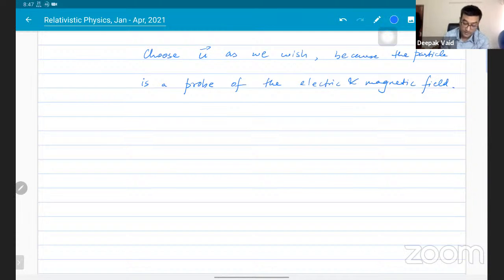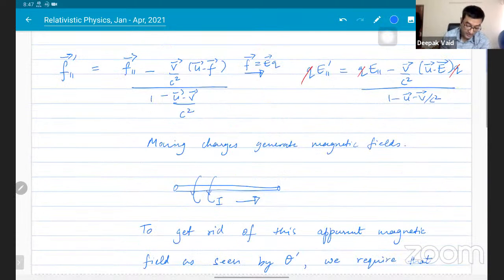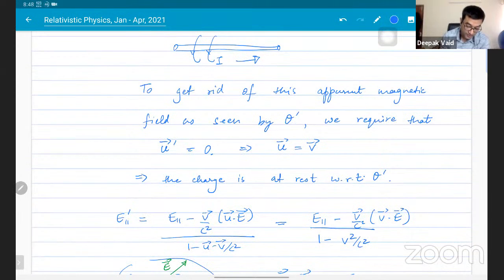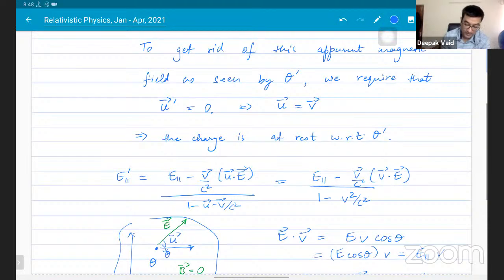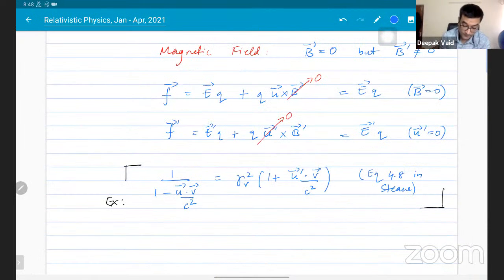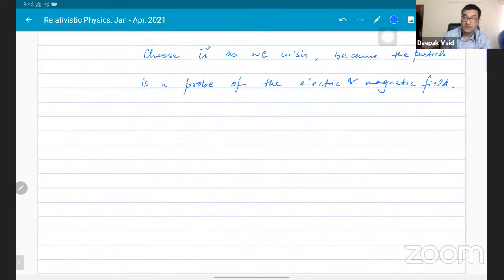Remember that we chose u prime to be equal to v. But u prime doesn't have any effect on the electric field, right?